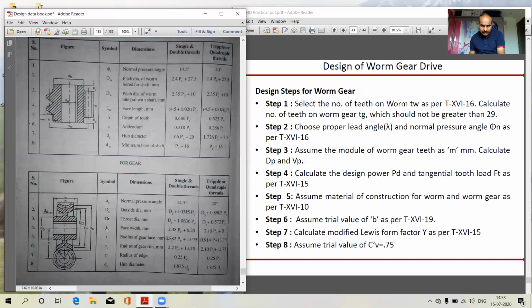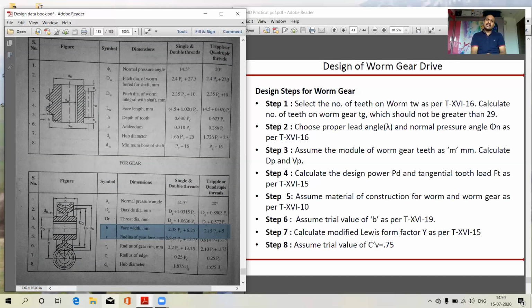Here 2.38, two columns are there, for single and double threads, and for triple and quadruple threads.